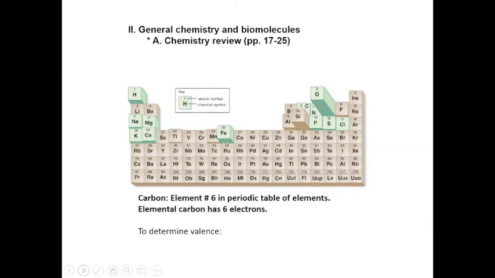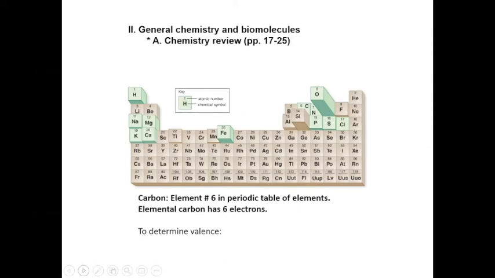I'll draw my little nucleus here. All right, nucleus is in the core. And you probably remember that in an element, electrons are arranged in what we call shells, these energy levels.